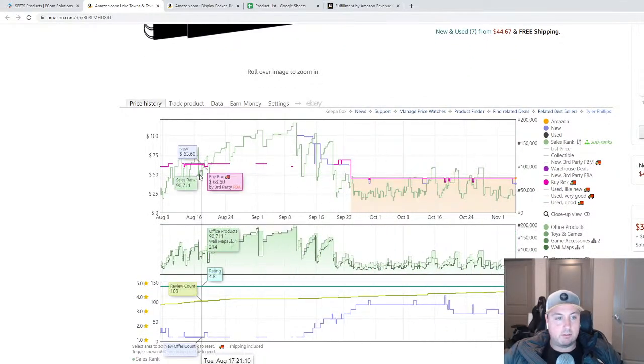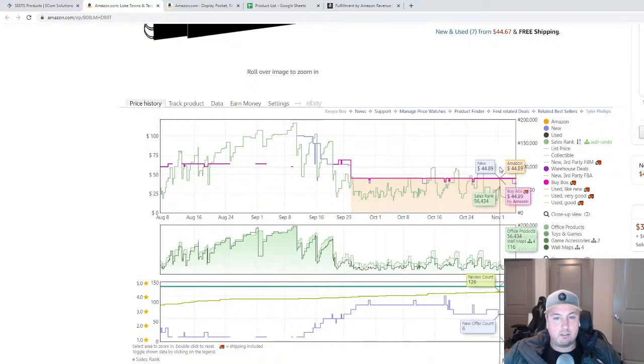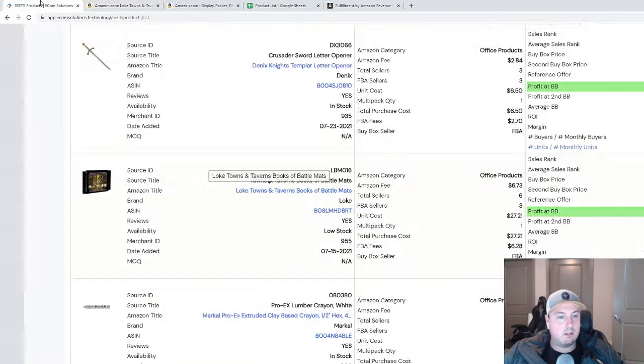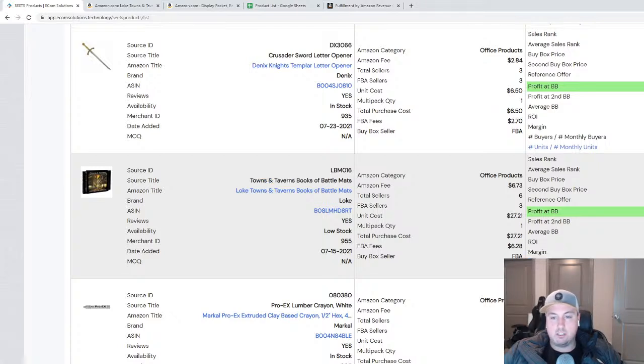Buy box has been very consistently at what it is right now. $4.67. It's around the margin, or the ROI, that I want. As you can see, someone had ordered it previously.